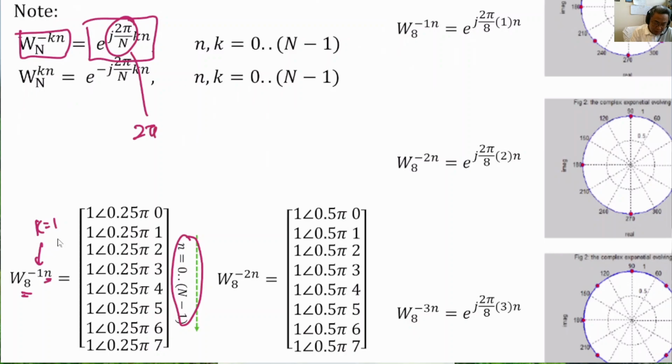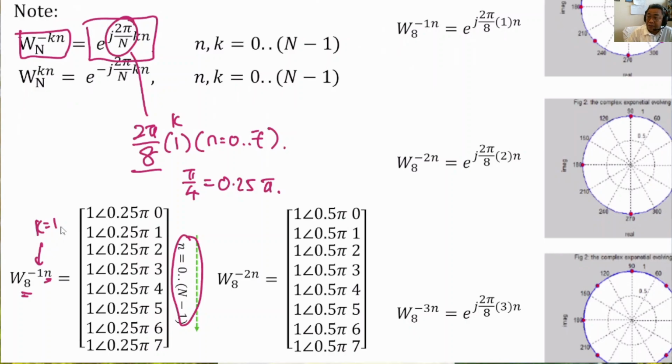It is 2 pi divided by 8 times k equals 1, varying n from 0 to 7. 2 pi divided by 8 is pi over 4, which equals 0.25 pi. Since we are multiplying by 1, it's always 1, and n is varying, so n goes from 0, 1, until n equals 7. And so this is the vector.